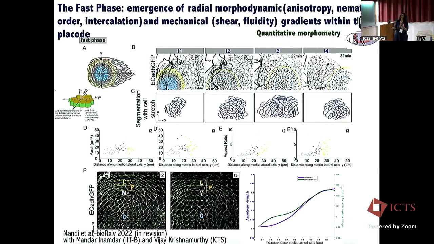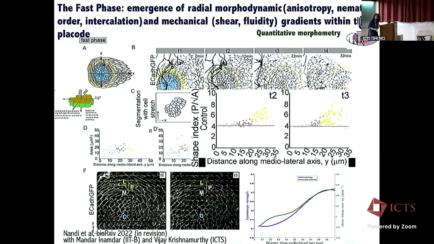So what we're seeing in this part of the germ band is a radially organized morphodynamic gradient that's characterized by shape anisotropy, nematic order. And what I've not told you is also a gradient of intercalation that we've used cell-sidedness as a proxy for. If you look at the shape index here, you'll see that the cells at the center have shape indices close to 3.8, but as you go away from the center to the periphery, those shape indices are much larger.